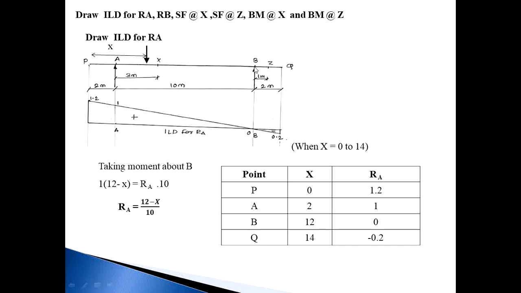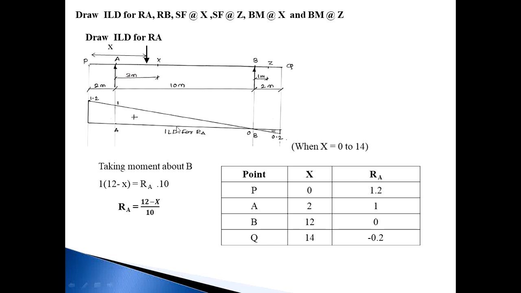Then the load moves to point Q. This distance PQ is 2 plus 10 plus 2, that is 14 meters. Put this 14 in this equation: 12 minus 14, that is minus 2 divided by 10, that is minus 0.2. So these are the coordinates for ILD RA.